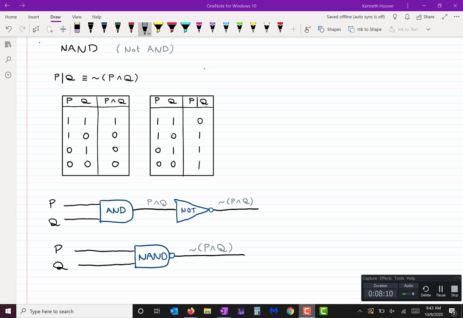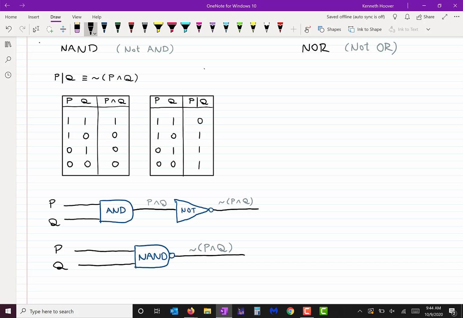All right, now the other one I want to show you is called NOR. And you can probably guess what that is. That is standing for not or, or the negation of or.